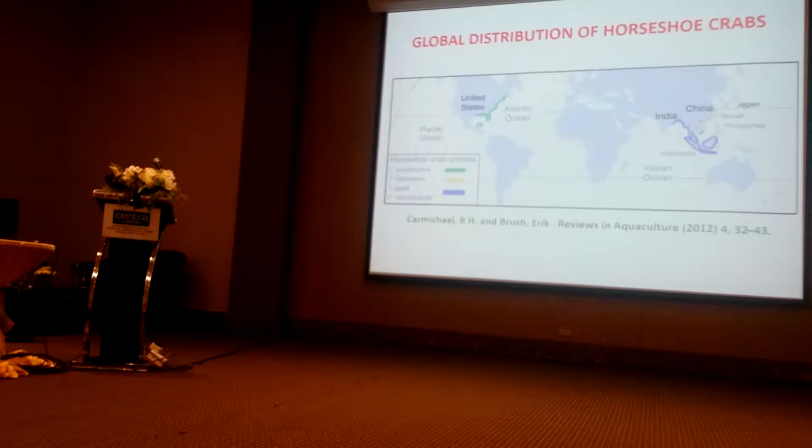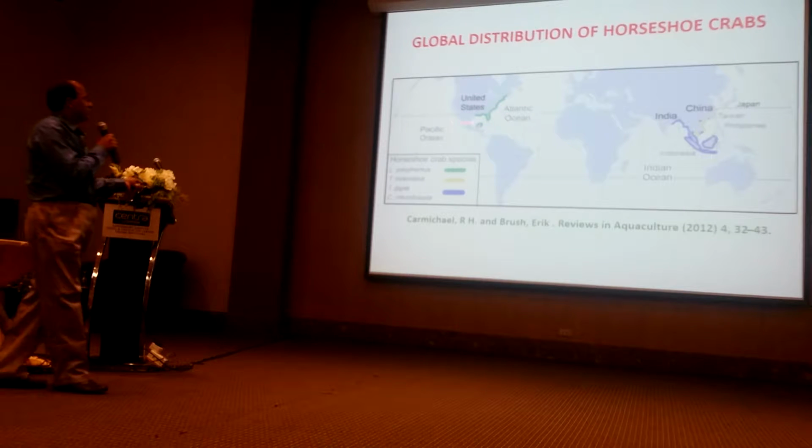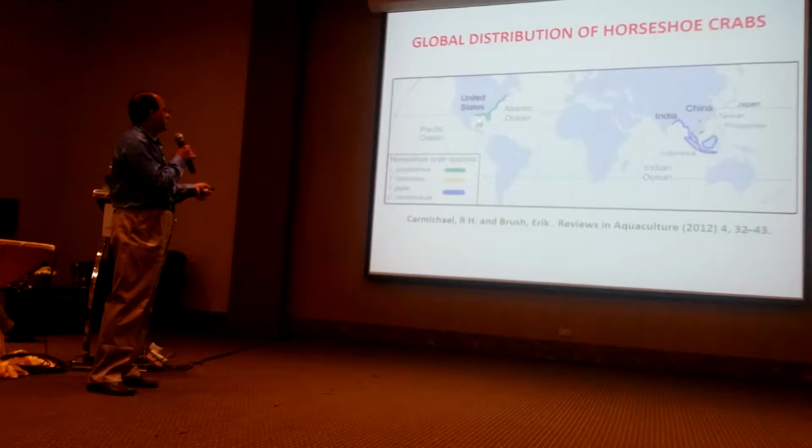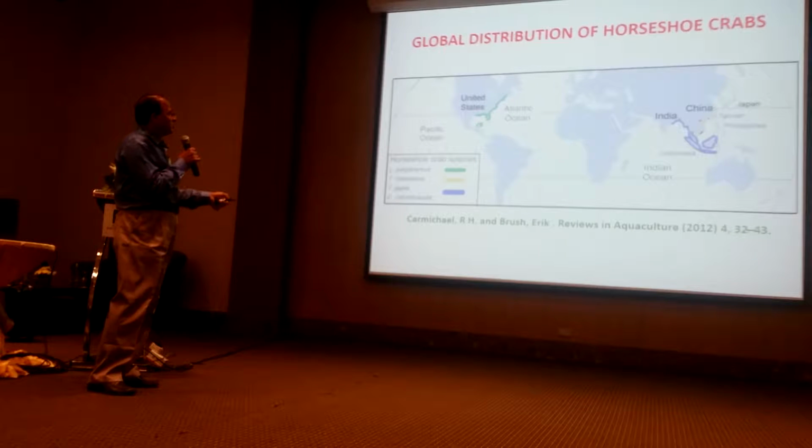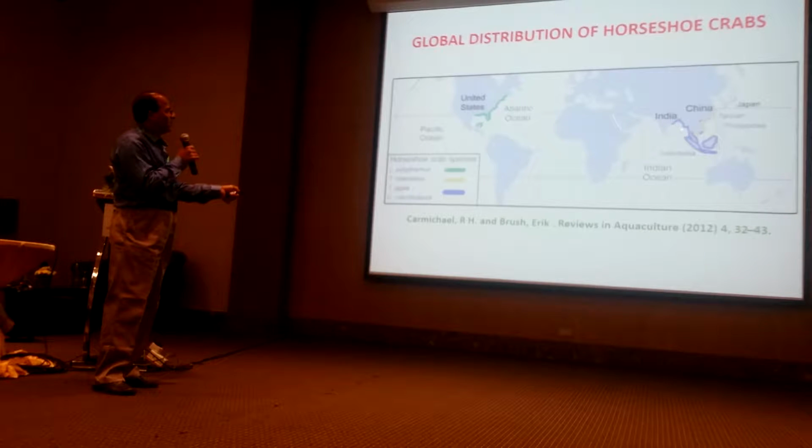If you see this global distribution of horseshoe crabs, you can see Limulus polyphemus is here, Atlantic Ocean, and this particular area. But all 3 are here, from this to this and this area: Taiwan, Japan, Philippines, Indonesia, and the eastern coast, particularly the West Bengal and Odisha coast. And I am concentrating here only.